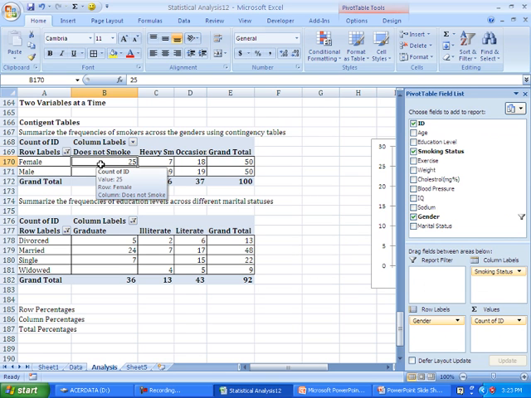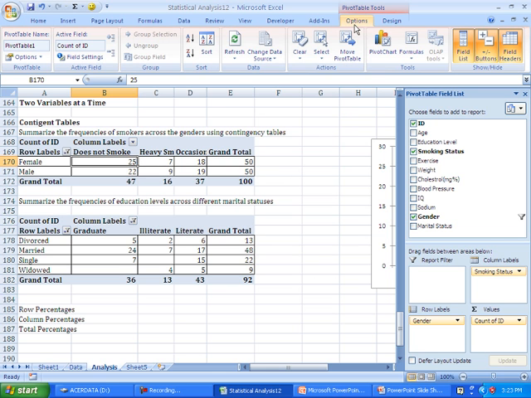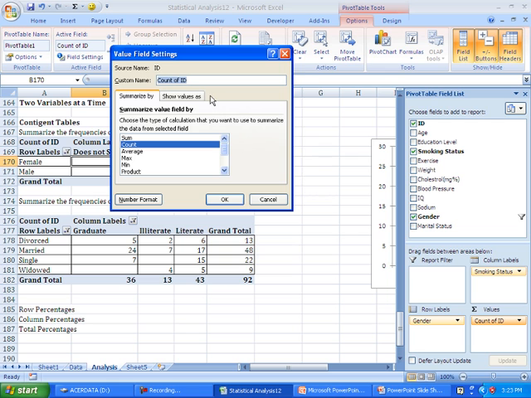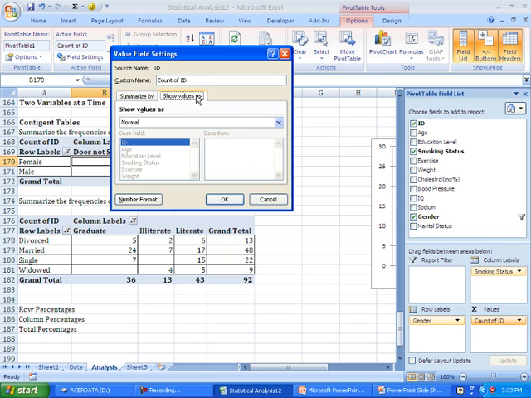You select your pivot table, go to the pivot table options, or in the values here at the bottom, in the value field settings, you select the show value as, instead of normal, you select it as percentage of rows.